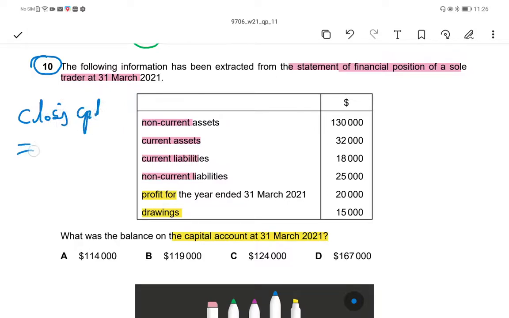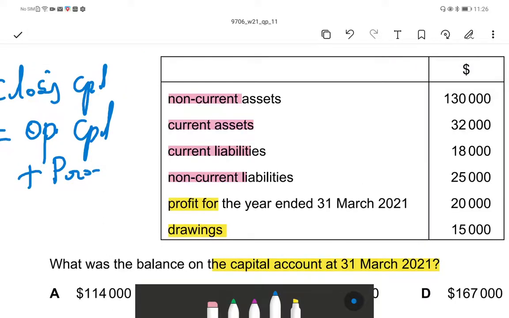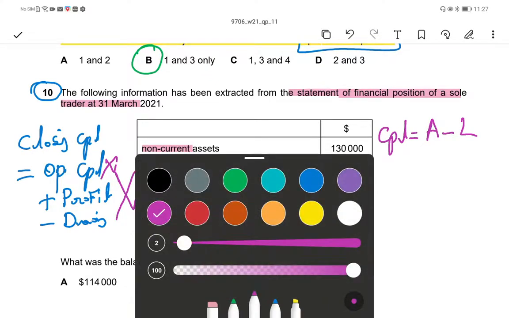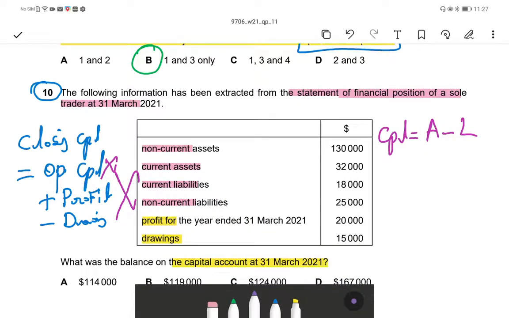Closing capital is equal to opening capital plus profit minus drawings. But here opening capital is not given, so we cannot calculate with this equation. So we can apply the accounting equation. Capital is equal to assets minus liabilities. We add all the assets and deduct the liabilities: non-current asset plus current asset minus current liabilities minus non-current liability.